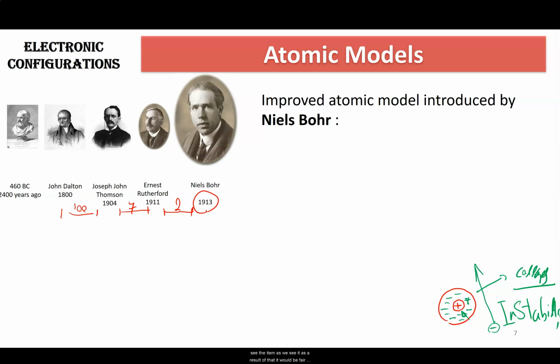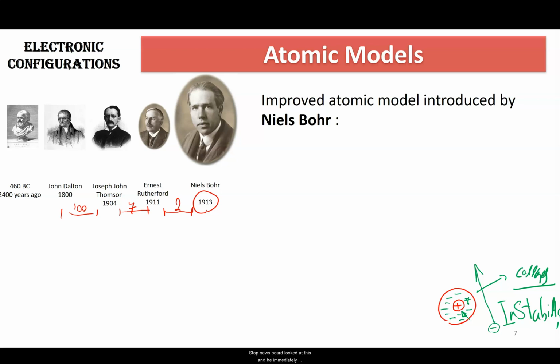We would not be able to see the atom as we see it, and as a result, it would be fair to say that the universe we observe and experience today would not be in the same form, shape, weight and size. The characteristics and behavior of the universe would be completely different, but that's obviously not the case.